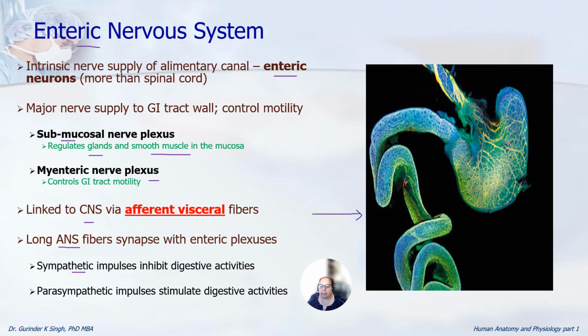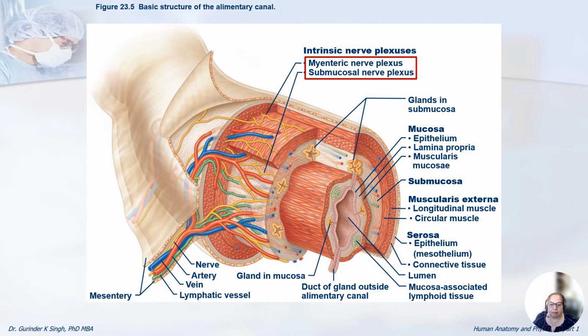You can see that it's a kind of network which is very closely related to one another, all the nerves present in the enteric nervous system. This picture is showing you the intrinsic nerve plexus, which is the myenteric, present between the longitudinal as well as the circular layer of the muscularis externa.